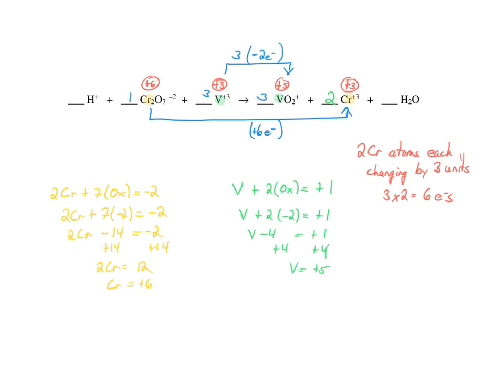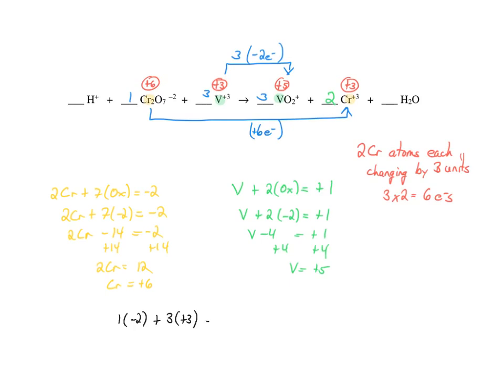Now we balance the charge. We're going to balance the charge by adding H+ ions because that's what we have present in solution. So let's look at our charge as the equation exists. All right, we have 1 dichromate. Its charge is -2, but we have 3 vanadium 3 ions.